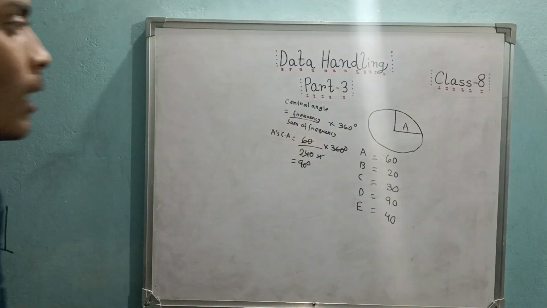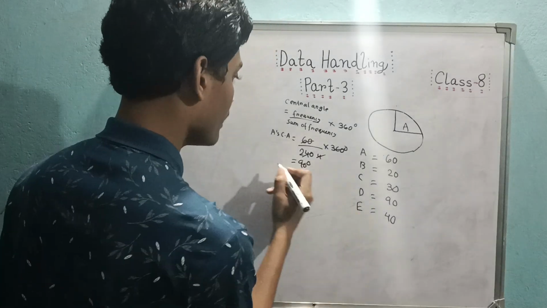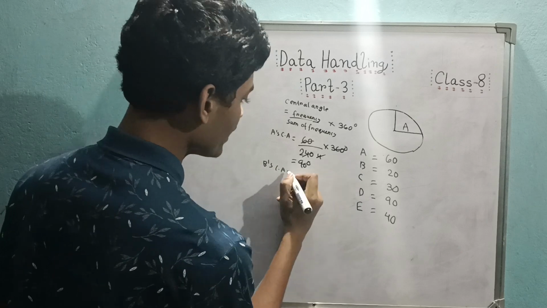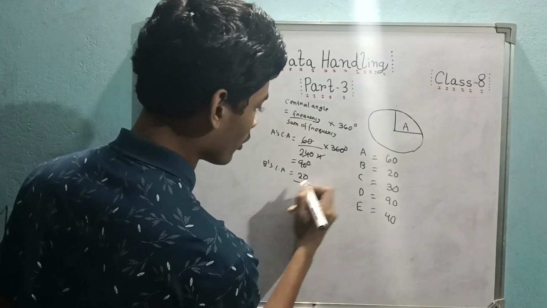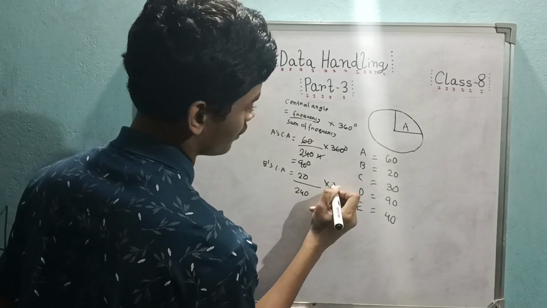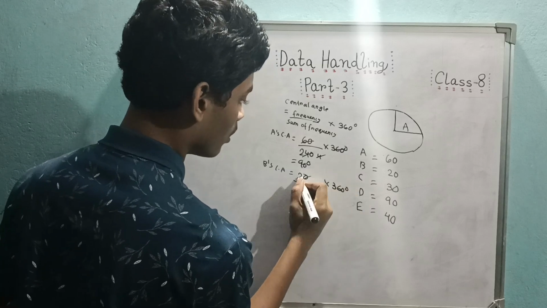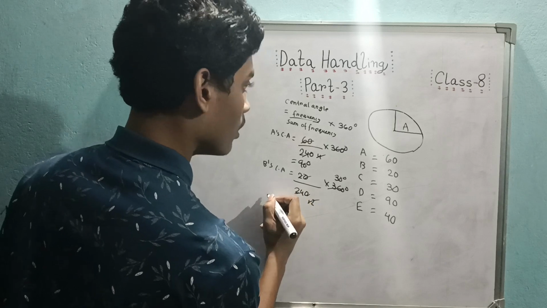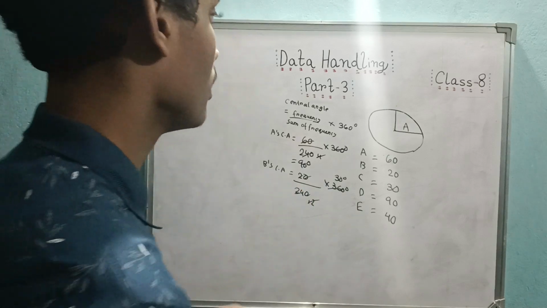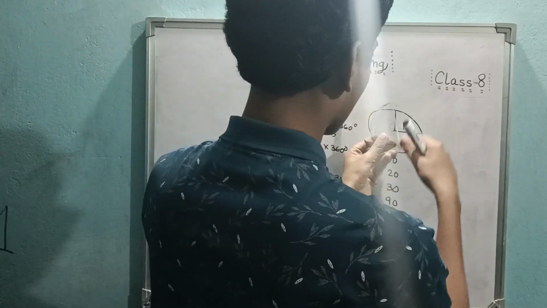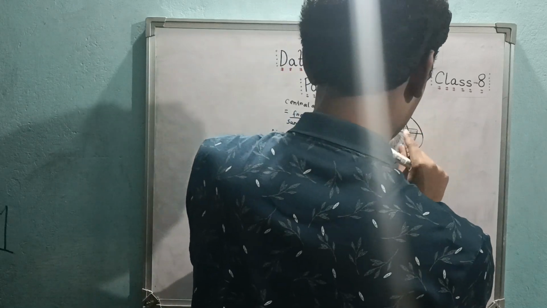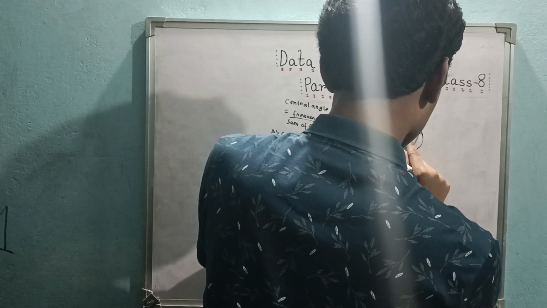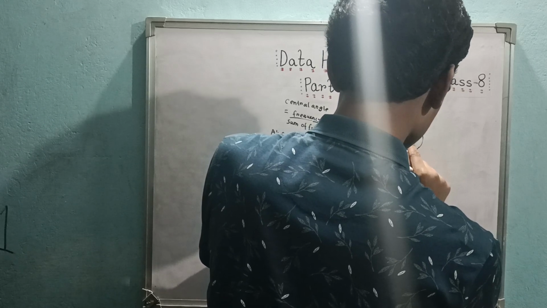Now see. Now B is coming. B's central angle: B's frequency is 20, total frequency is 240, multiplied by 360 degree. Then it is 30 degree. So what you have to do now? Now place this protractor like this on this axis. Just hold on.